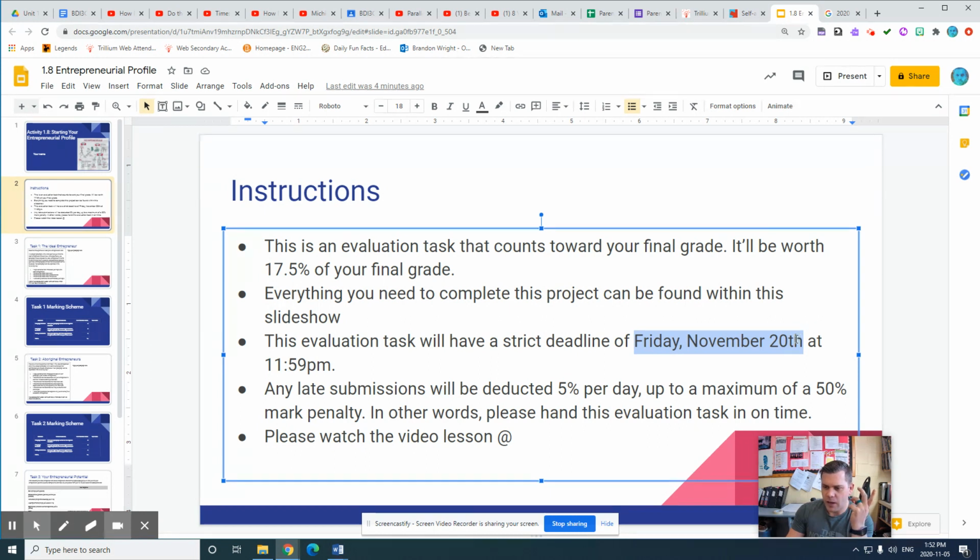There's plenty of time. But any late submissions will be deducted 5% per day, up to a maximum of 50% penalty. If you hand it in on the day it's assigned, great, but as long as you get it in by the 20th, you won't get any marks taken off.